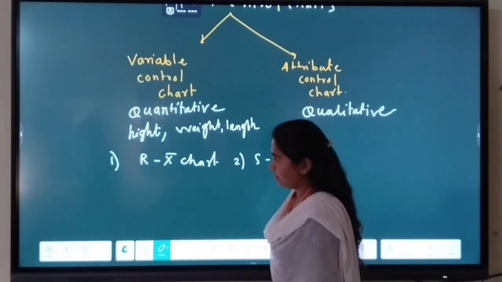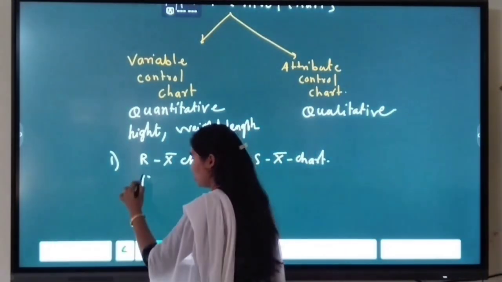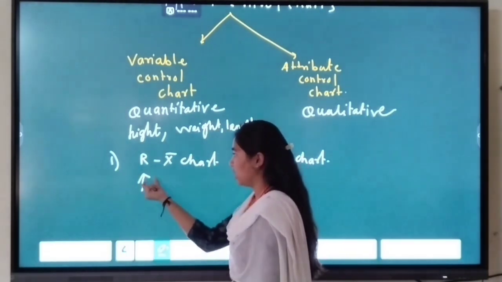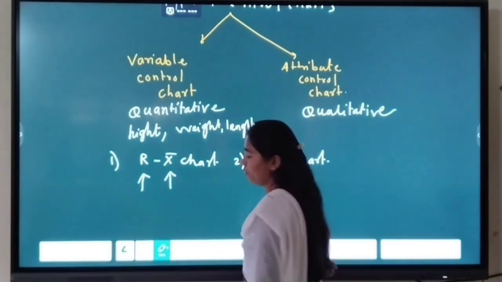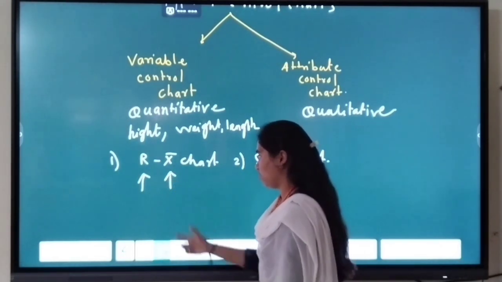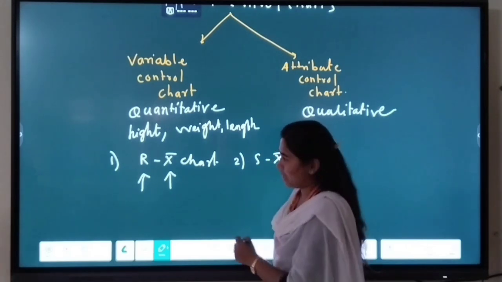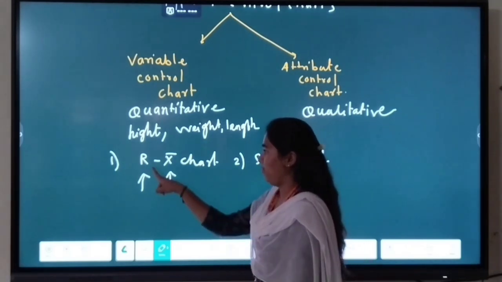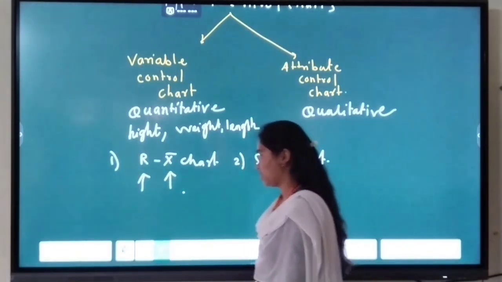For a variable control chart, we should control the process variation, which is denoted by R, from the manufacturing process, and also we control the central tendency of the manufacturing process. Let's see the first chart, that is the R and X bar chart. In this lecture we only find the control limits for the R chart.